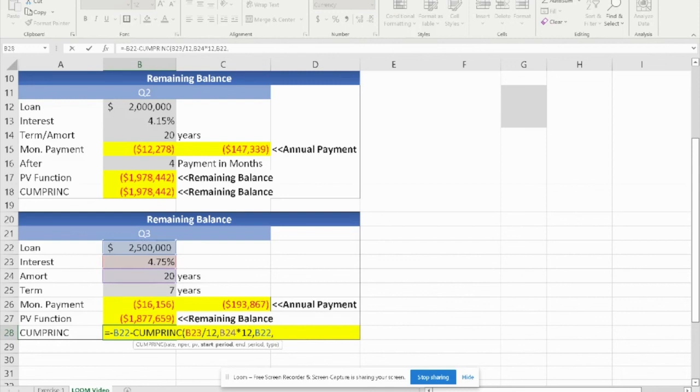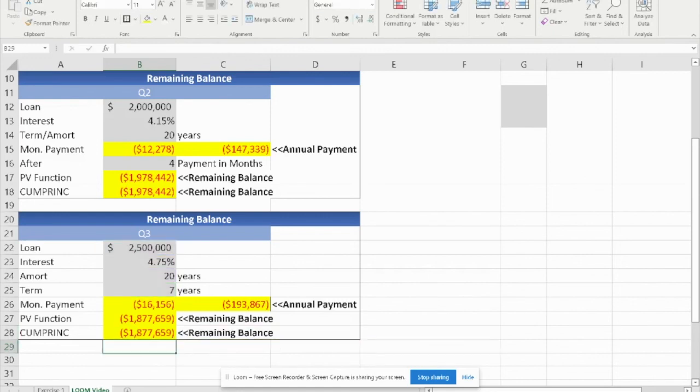The start period is going to be 1, and the end period will be 7, the term that you have here, times 12, because we're going to do this in years, and we put 0 to close out our function. You should have the same answer, $1.8 million and some change.